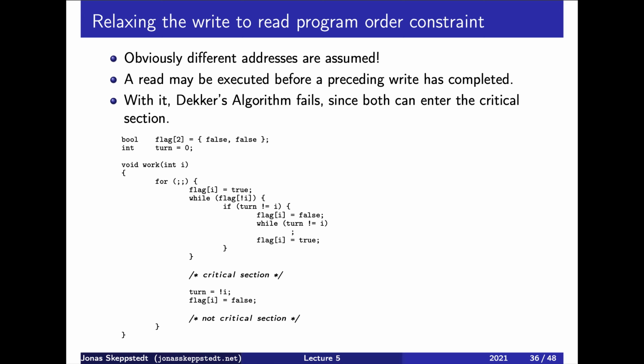But if we may execute the read before the preceding write, then Dekker's algorithm fails, as we saw with read bypass. If we would do this read before that write, both can enter the critical section.